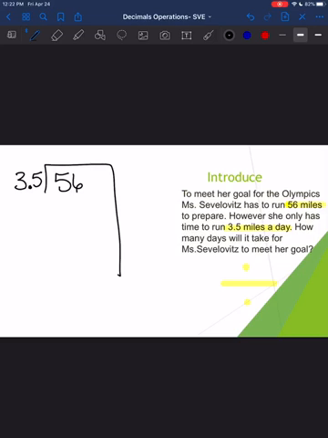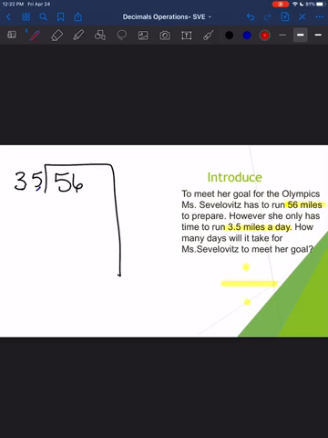If I move it one time to make it bigger, it makes the number 10 times bigger. Because I made the divisor 10 times bigger, I need to make the dividend also 10 times bigger.